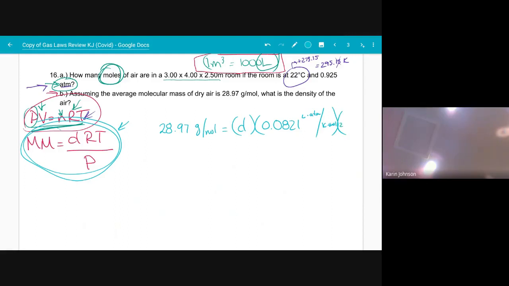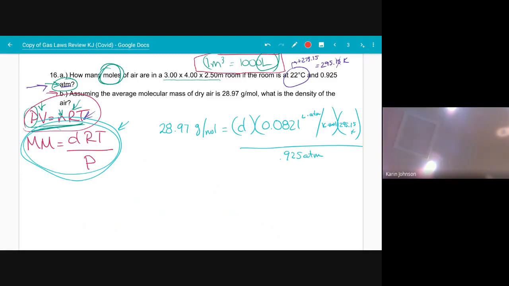We said the temp was 295.15 Kelvin, and that all goes over the pressure. In this case, the pressure was 0.925 atmospheres. And so now we just solve for D. To remind you how to solve for D, we want to get rid of everything but D on the right side.